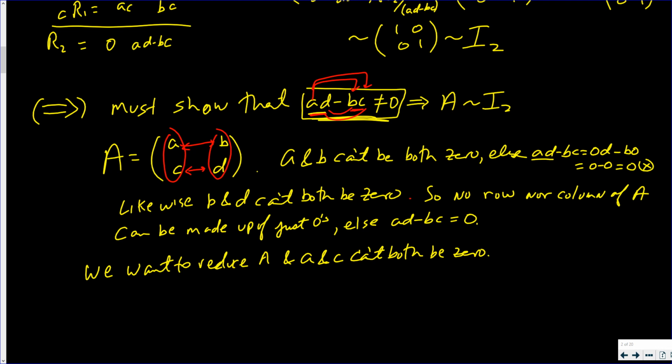Just like before, we can interchange the two. In case it's the A that is 0, I can interchange the two rows, and C will be in the 1,1 position and not be equaling 0. So without loss of generality, assume A is not 0.